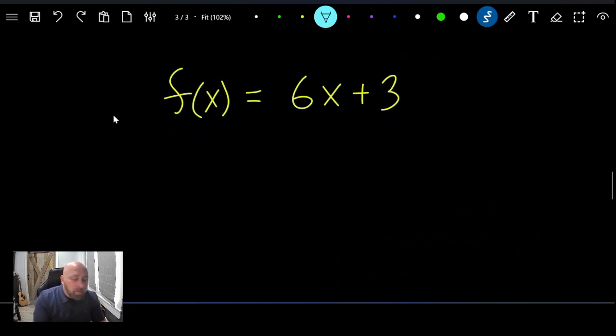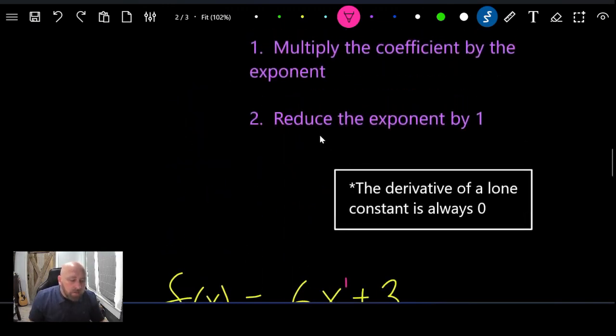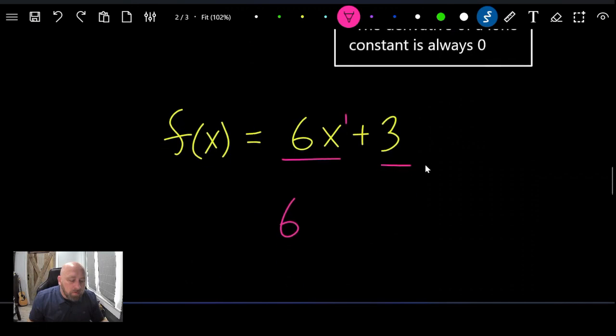Now, here's another thing. You have to take each one of these separately, right? So these are two separate things. So we'll start with the 6x. With the 6x, we're going to follow this. The exponent is 1, so 6 times 1 is still 6. So how do we deal with this x right here? It says reduce the exponent by 1.